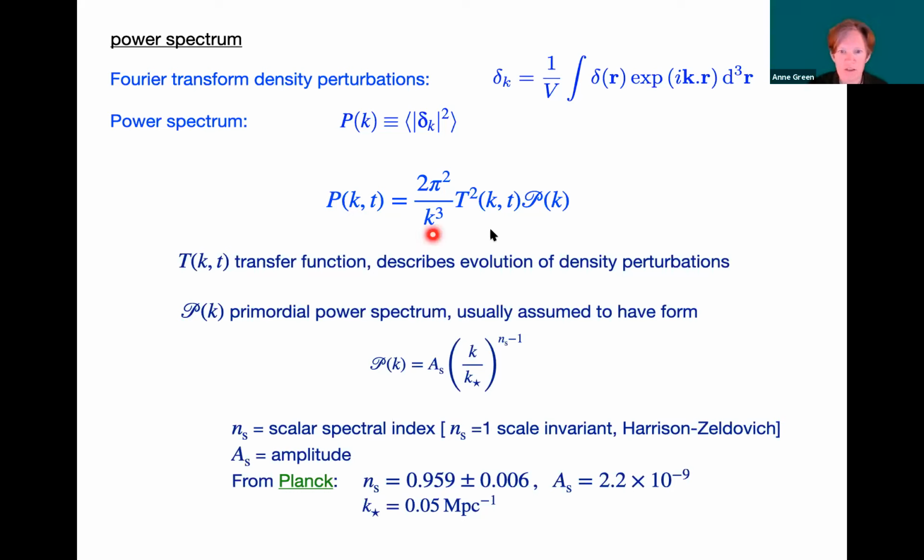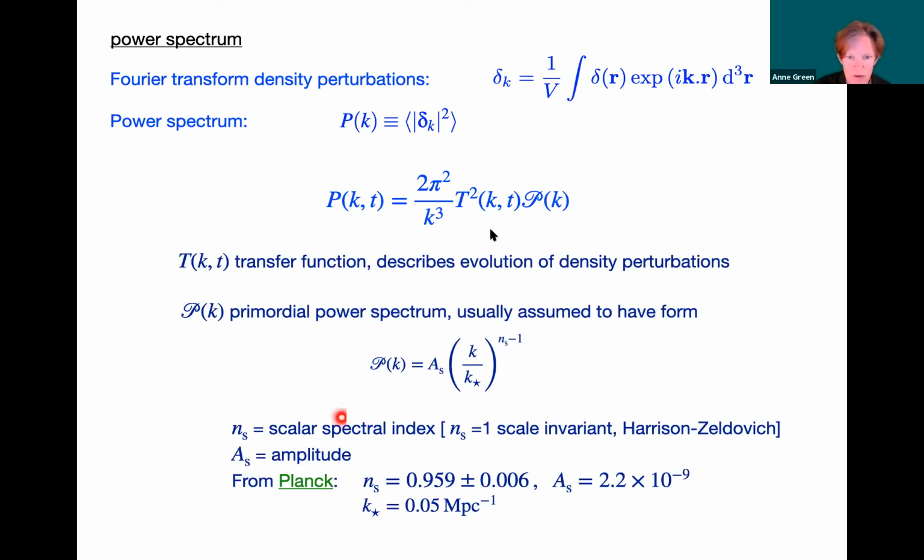So there are two things here on the right-hand side. This capital T is the transfer function that describes the evolution of the density perturbations. It comes from solving Boltzmann codes, which solve for the evolution of perturbations for universes made of different things. And then this curly P is the primordial power spectrum, which is generated, we think perhaps by inflation, that I'll talk about later today.